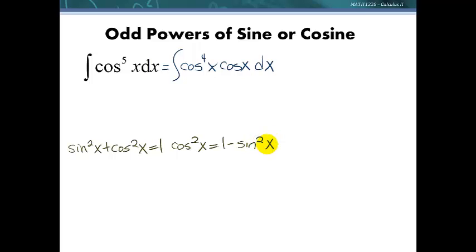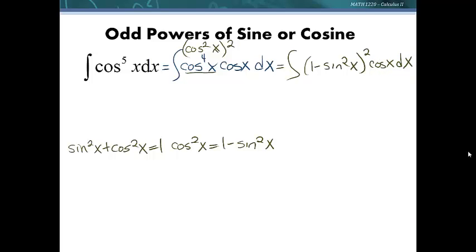So now I'm going to replace this. This is the same thing as cosine squared x, squared, and so I'm going to replace the cosine squared with 1 minus sine squared x, and then I need to put the squared on it, and then I still have the cosine x dx.